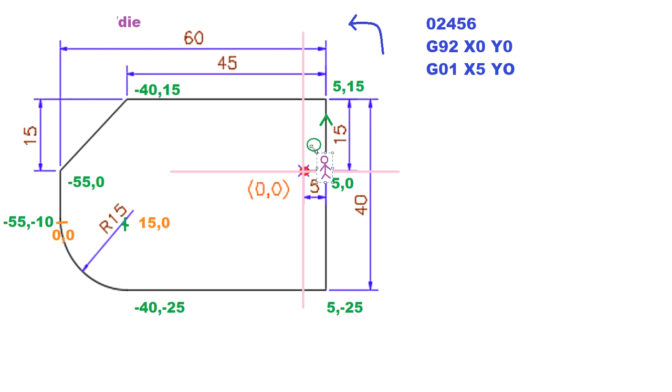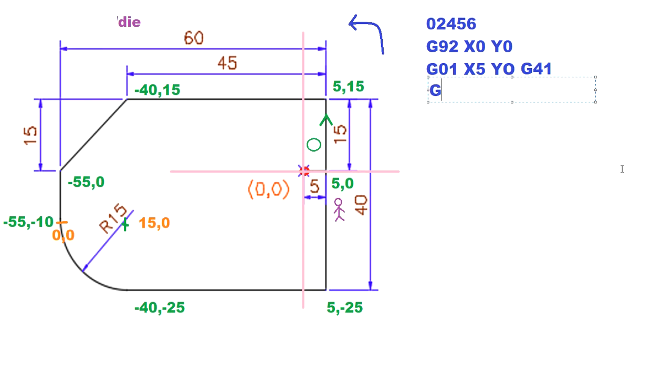So we will use G41. G41 to offset the wire to the left side. Now we can continue with our program.